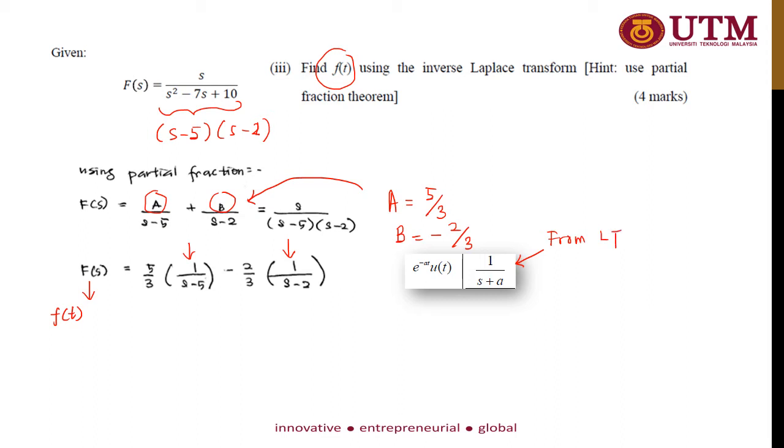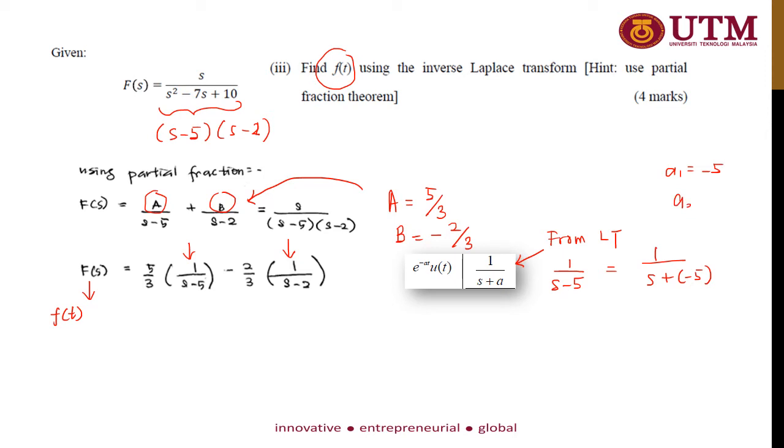So you can compare each individual component. In this case, 1 over (s minus 5) is equal to 1 over (s plus a), therefore you know your a equals minus 5 for the first component, while in the second component, a1 equals minus 5.